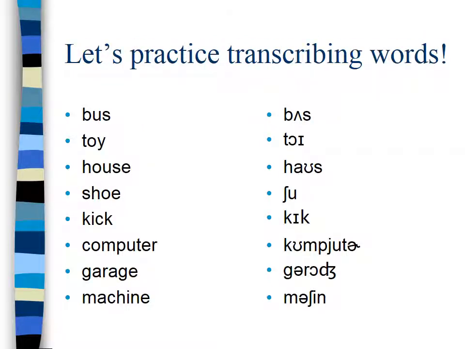Here are some examples of how you would transcribe a list of words. On the left-hand side, we have the words written in English. On the right-hand side is how we would write this using IPA symbols. So the word bus is written again on the right. Toy, house, shoe, kick, computer, garage, machine.